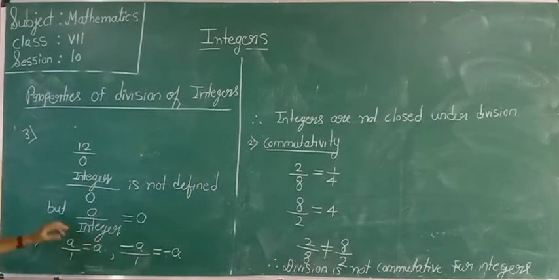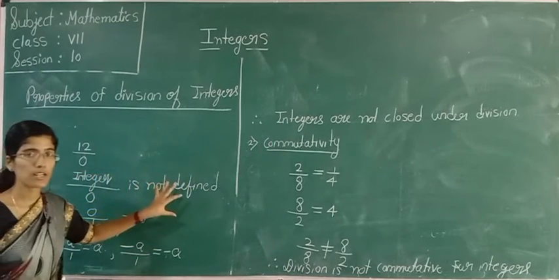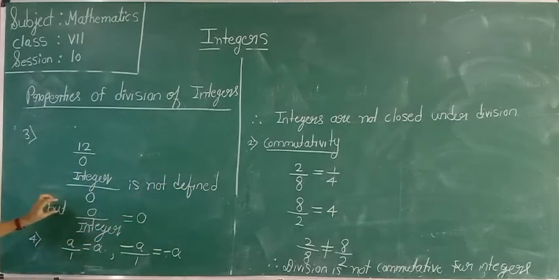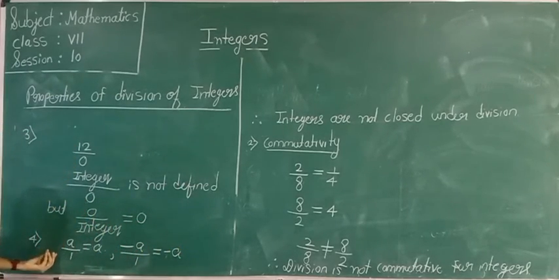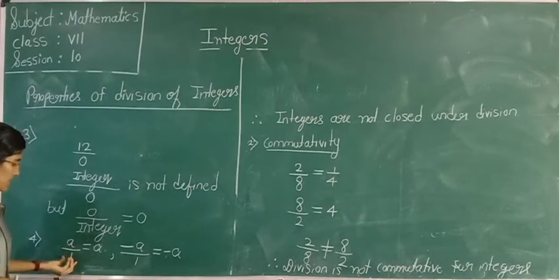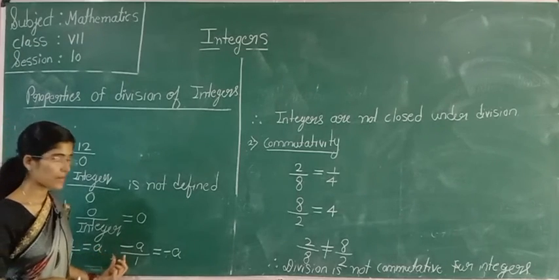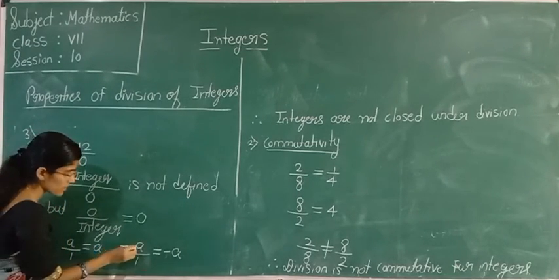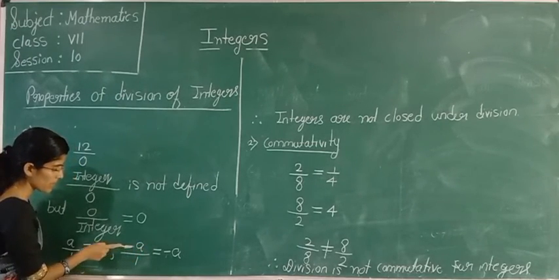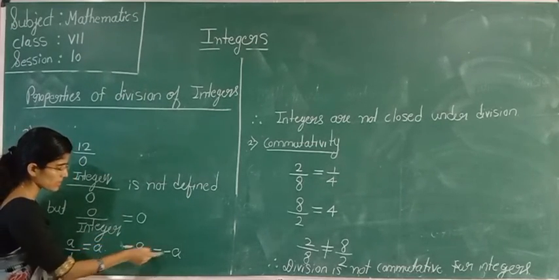Third, any integer divided by 0 is not defined, but 0 divided by an integer is equal to 0. Fourth, any integer divided by 1 is the same integer. If you take minus a by 1, it is equal to minus a.